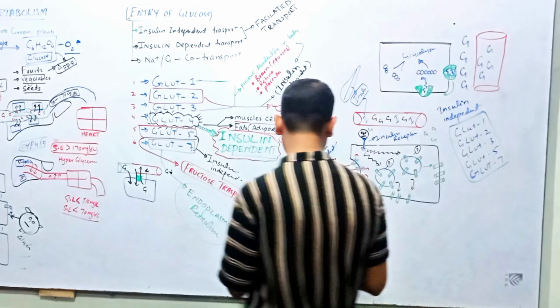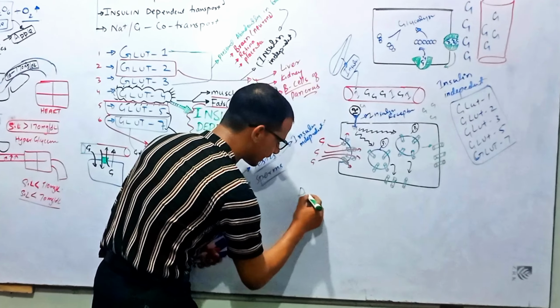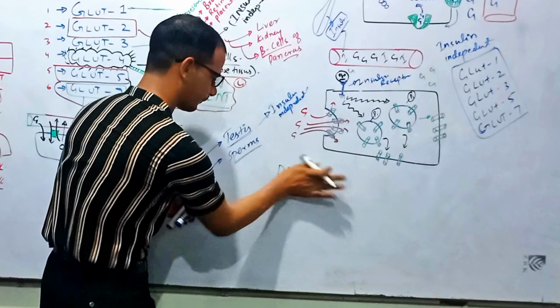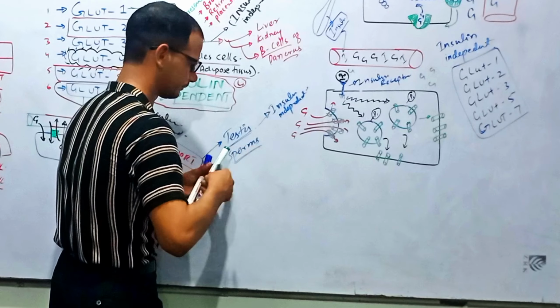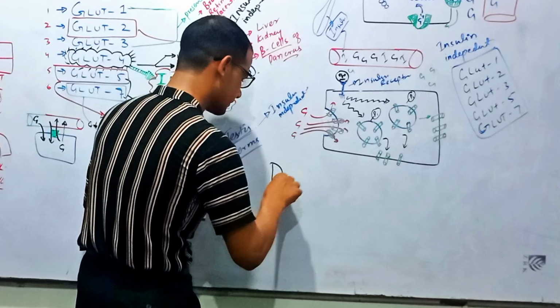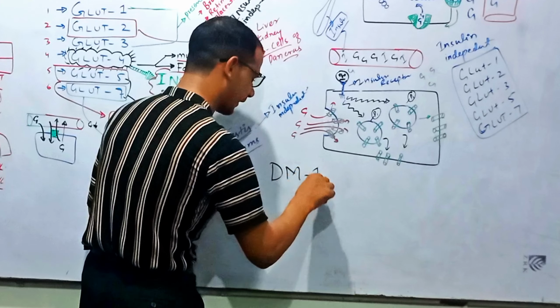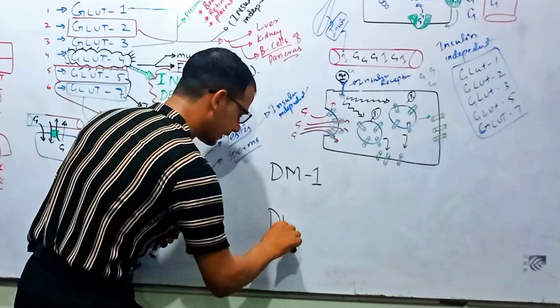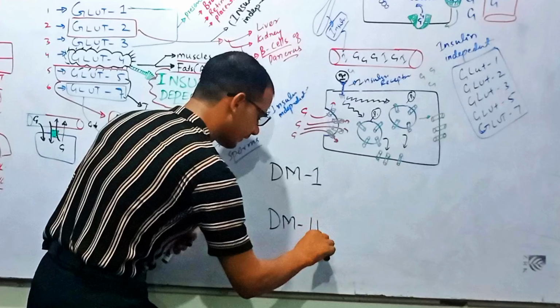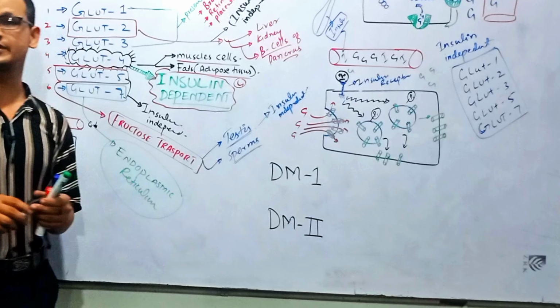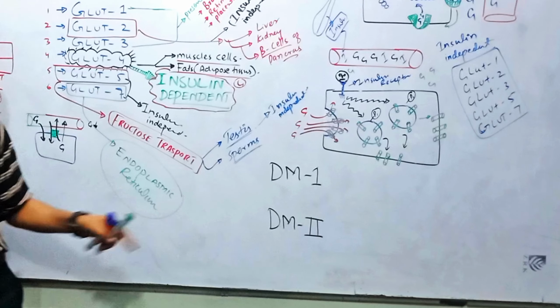So we have two types: diabetes mellitus type 1, and second is diabetes mellitus type 2. What is the actual difference between these two?